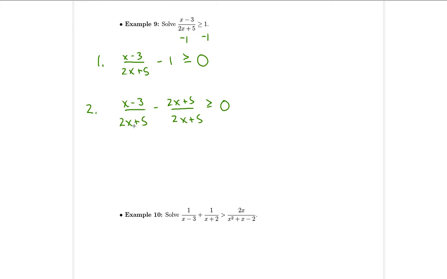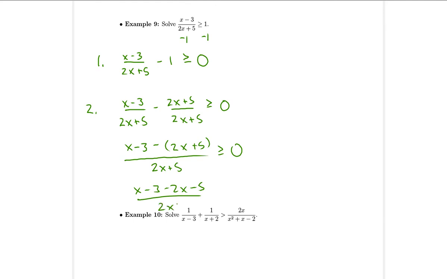Now I can combine them, but be very careful as you do this, right? I'm subtracting all of this. So I'm going to put parentheses around my 2x plus 5. All right, so (x minus 3 minus (2x plus 5)) over (2x plus 5) is greater than or equal to 0.